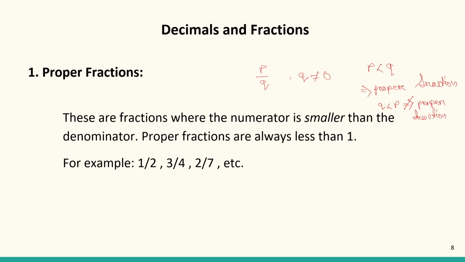Proper fractions are always less than 1 because p is less than q. What it means is you have q equal proportions available, out of which you have only p of them.